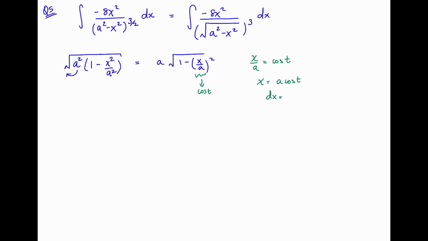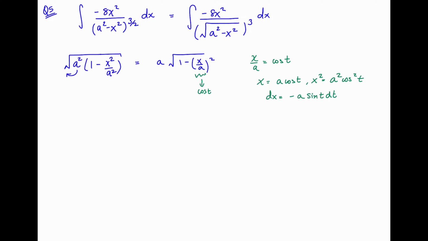Hence the dx will just be equal to minus a sine of t dt. From there, because I know I have an x squared too, I would like to write x squared as well. That will be a squared cos squared t, just for the sake of this particular question, since I have an x squared. So I can put that there too. And the dx will just be that whole thing. So now we have everything together.